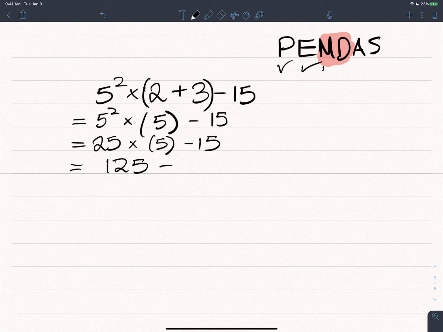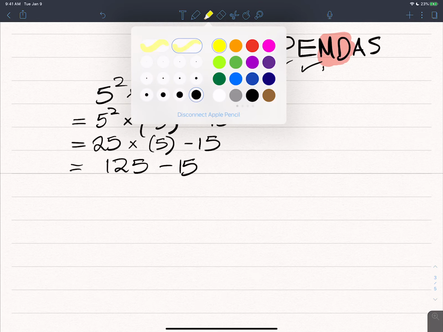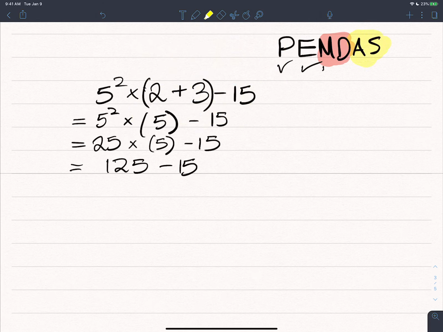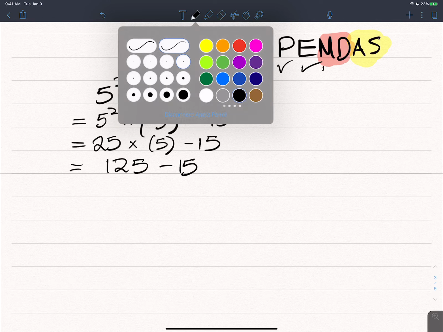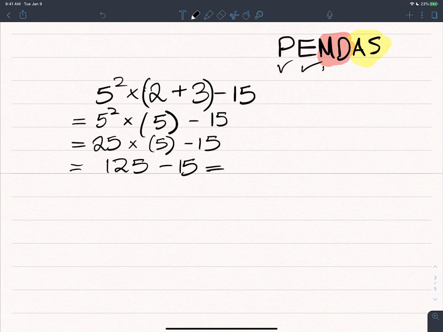And we do minus 15, right? Minus 15 is going to be what? 110. Now we're going to do addition or subtraction. So we do the 125 minus 15, and we get our final answer, which is 110.